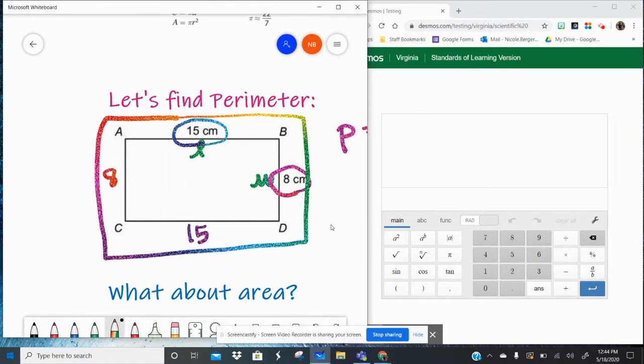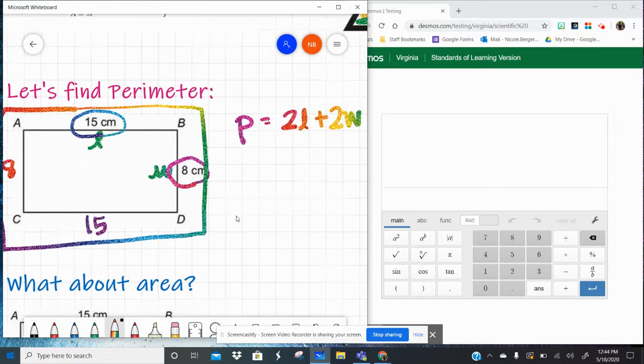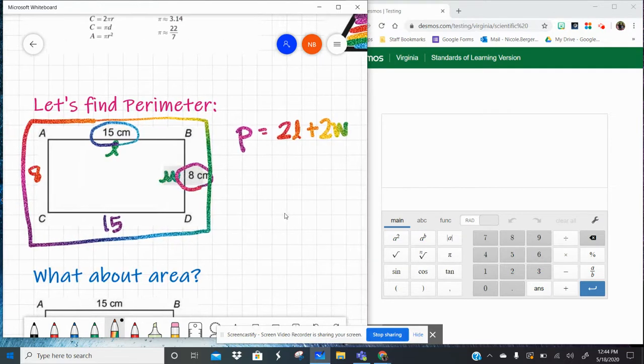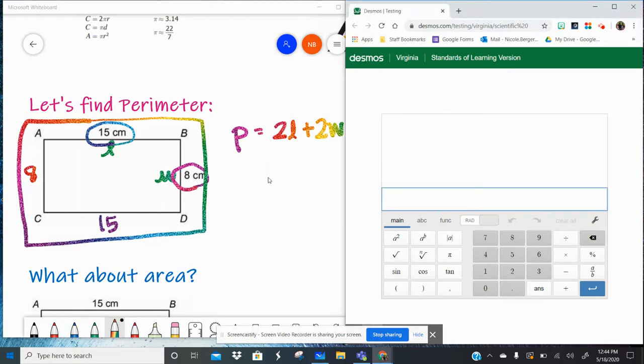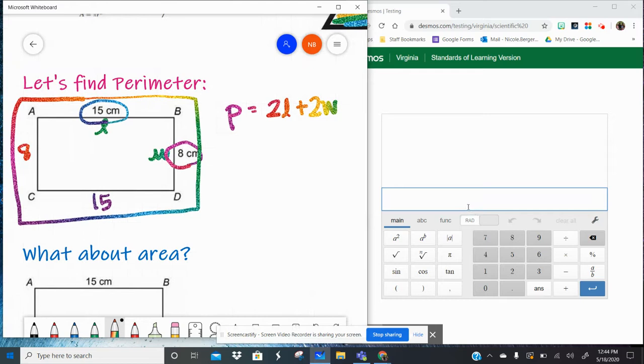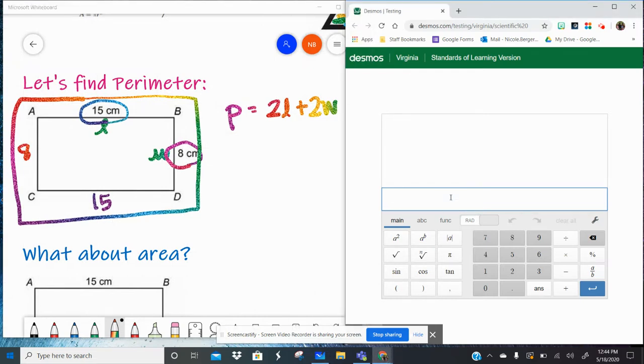So if I shrink this over here, let's make that smaller so we can see it, and bring up that handy dandy Desmos calculator. Remember the trick I showed you last week that you can really just type in the formula. So I could say 2L plus 2W, right? So there's my formula for perimeter.